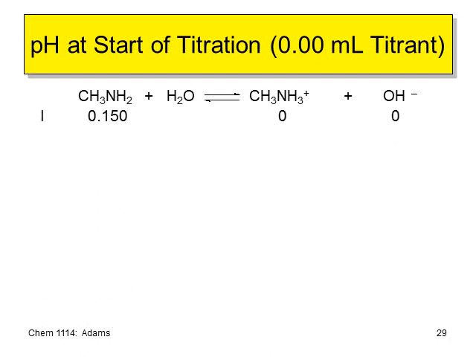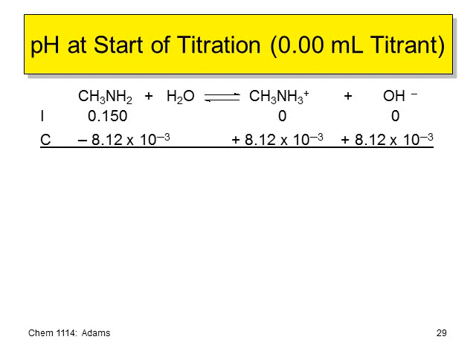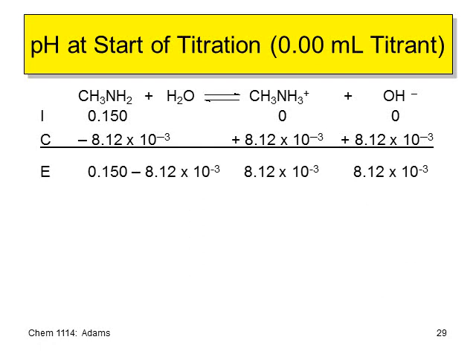I'm going to set up an ice table. I know my initial concentration of the weak base is 0.150. And I just calculated in the previous slide the X, or the hydroxide ion concentration. Adding these together gives my equilibrium concentration.